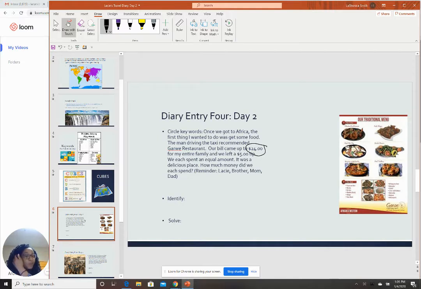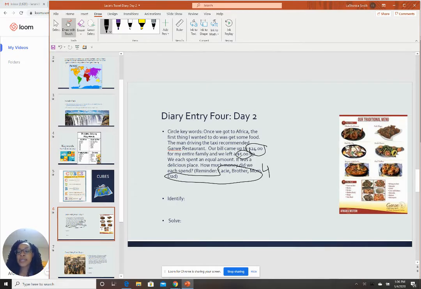It shows that they spent $24 on the bill. A $5 tip, that might be important, but I'm not sure yet. It doesn't tell us the number 4, but we know that we're going to divide up the bill into 4 people because it's her family. So I'm going to circle those names, and then I'm going to put a number 4 right beside it.